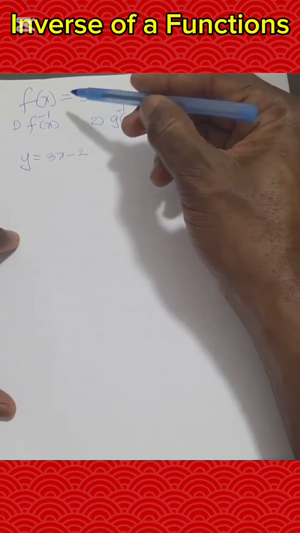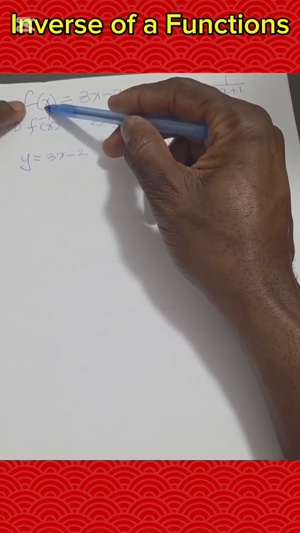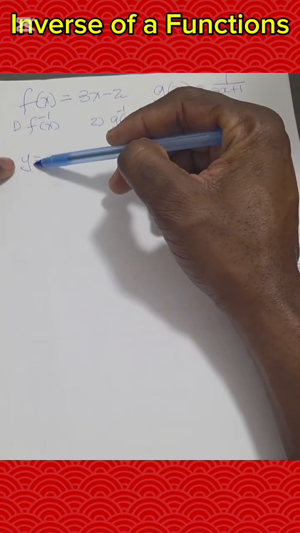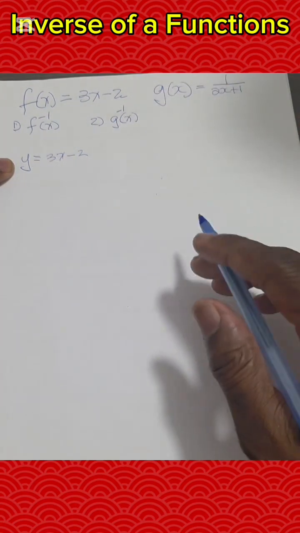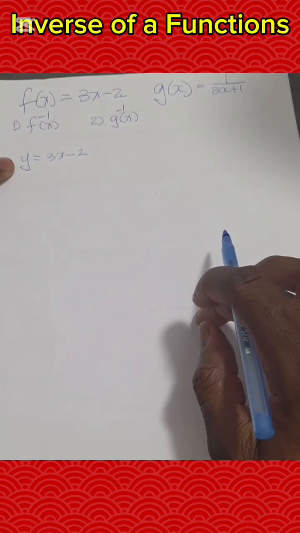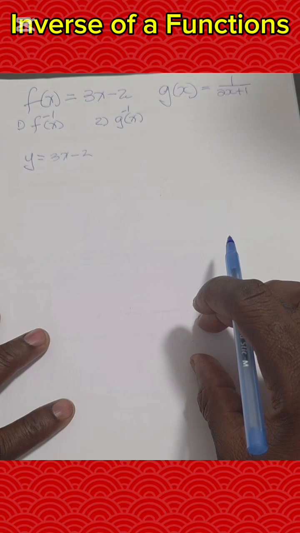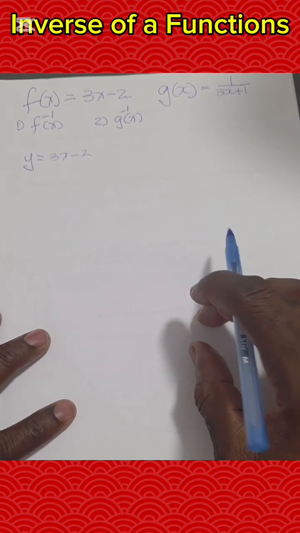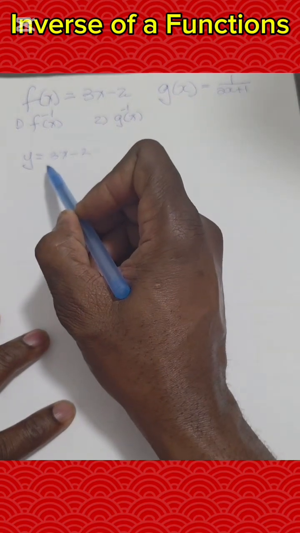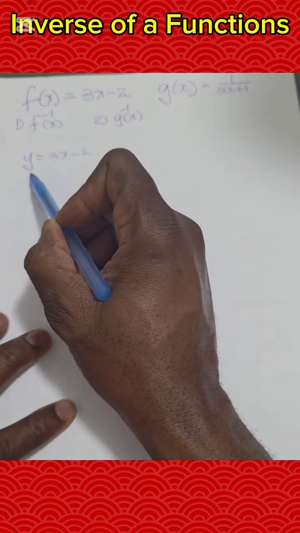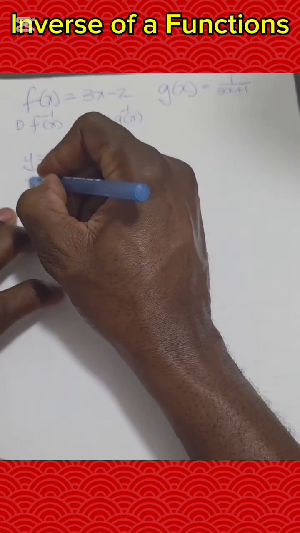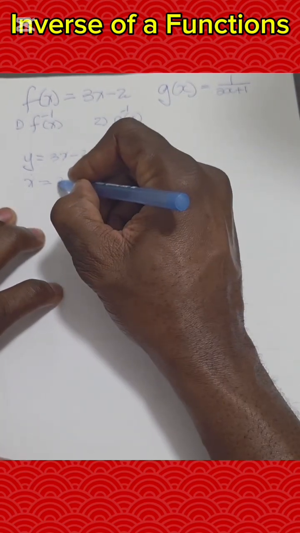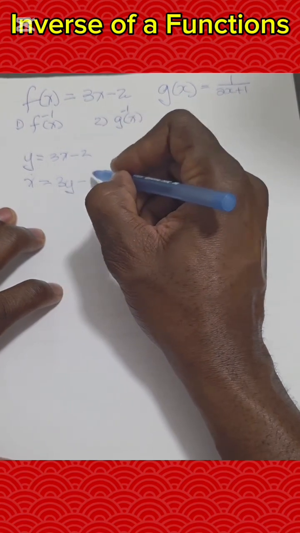Now with the inverse function, all we're going to do is switch x and y and then transpose for the new y. So wherever x is, I'm going to put y. Wherever y is, I'm going to put x. So this is going to be x, which is equal to 3y minus 2.